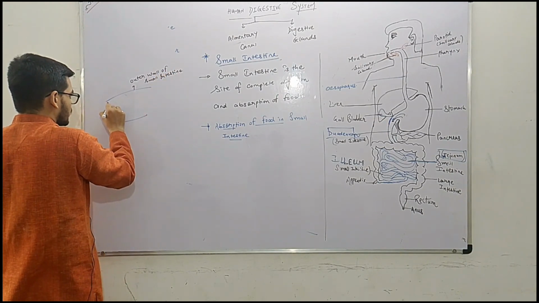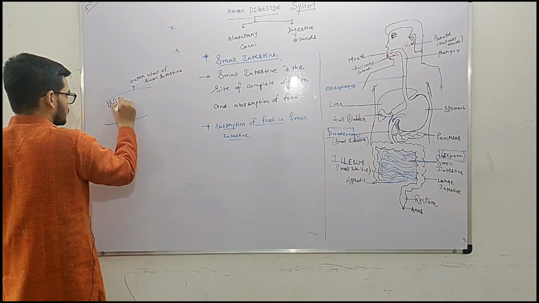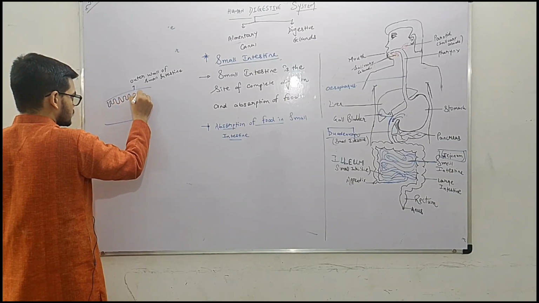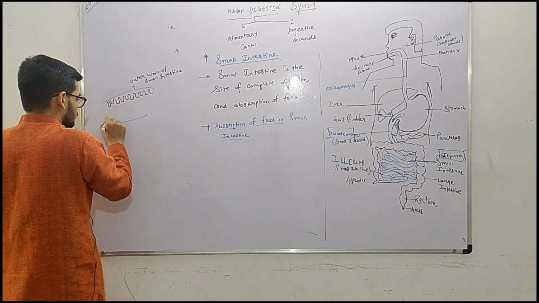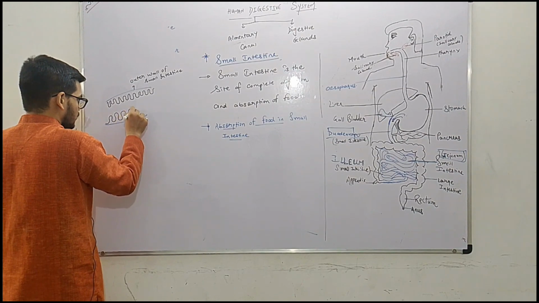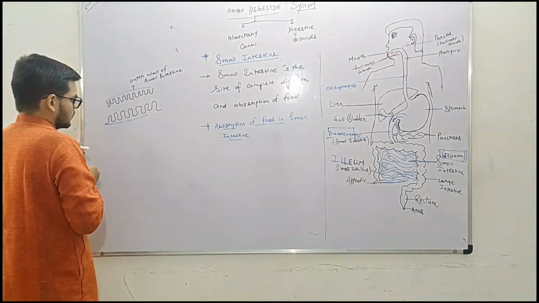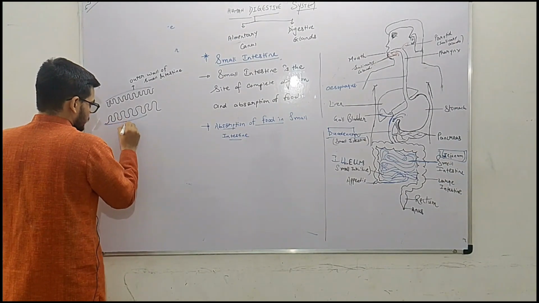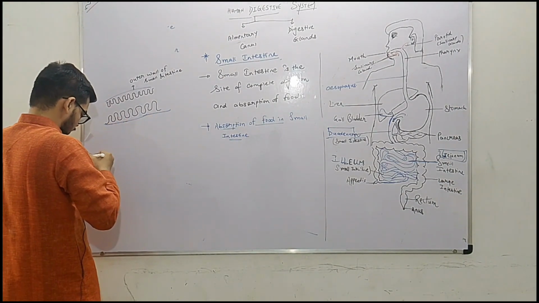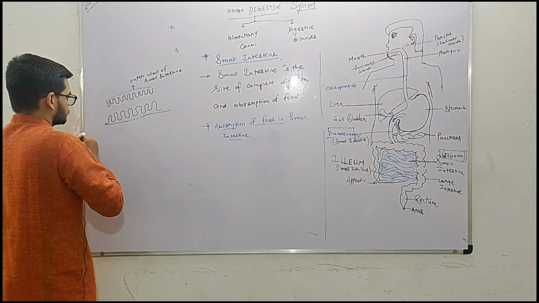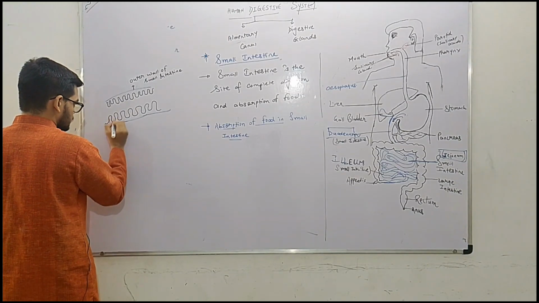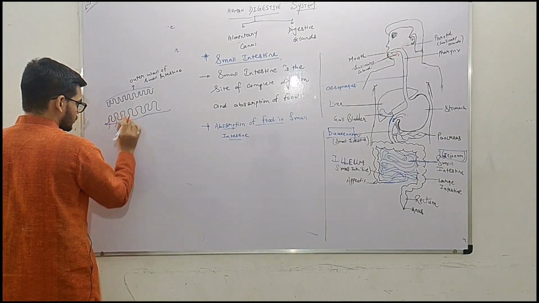The inner wall contains finger-like projections like this. These are known as villi. This villi contains blood capillaries or blood vessels.